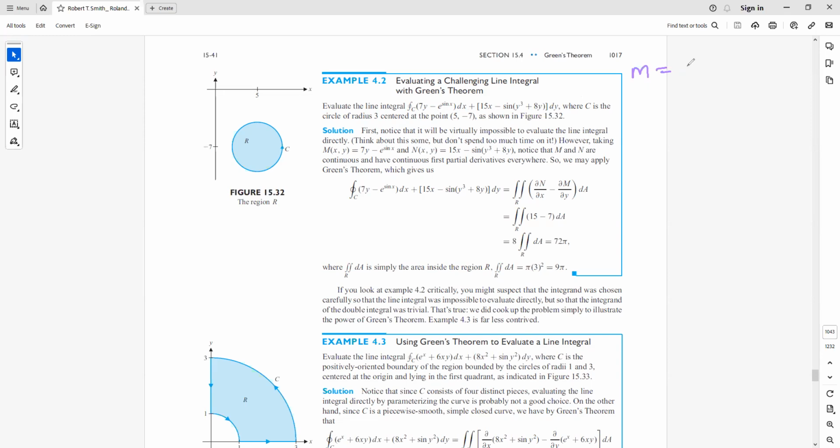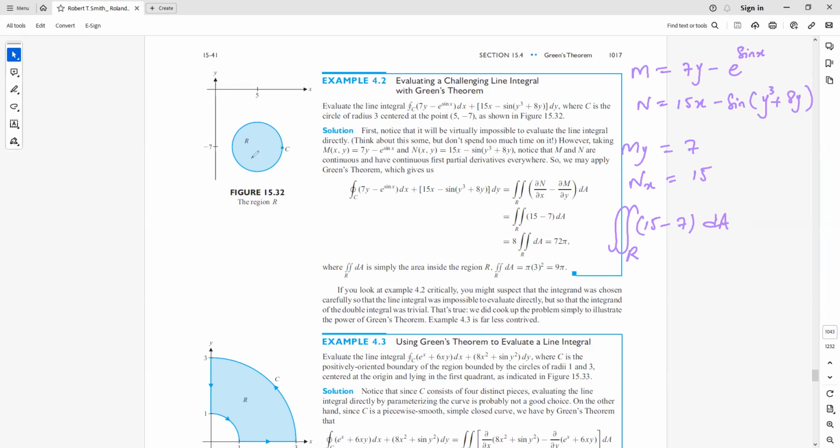So M equals 7y minus e to the power sine x, and N equals 15x minus sine y cubed plus 8y. And M_y is going to be 7 and N_x is going to be 15. So the integral is going to be 15 minus 7 dA.